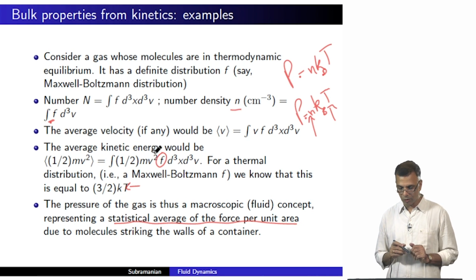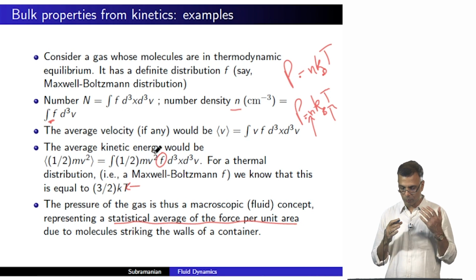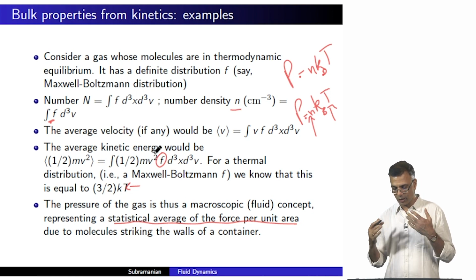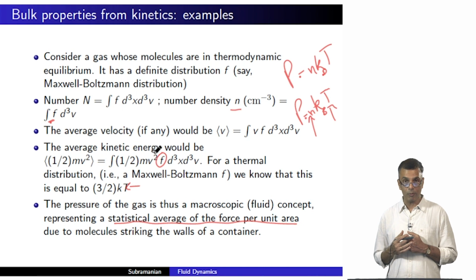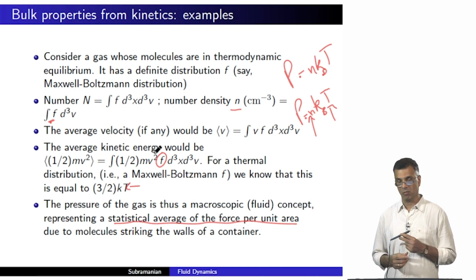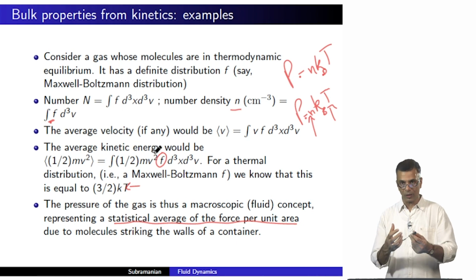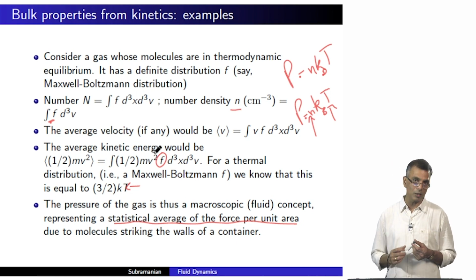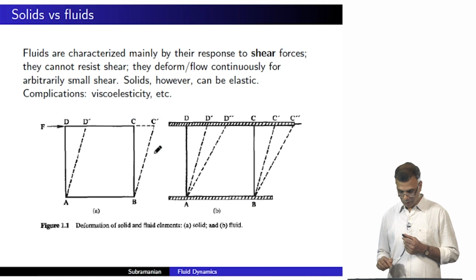About 3 examples of how you squeeze out macroscopic quantities such as pressure, number density, temperature, and things like this from the microscopic quantities, which are from microscopics of the gas, which are characterized by the distribution function, right?